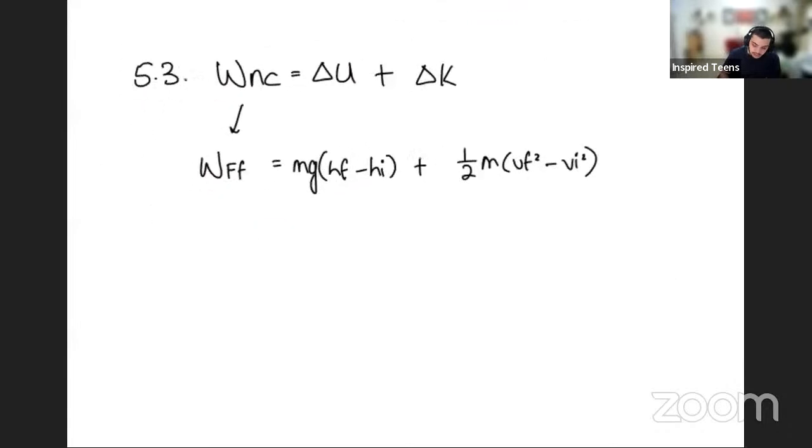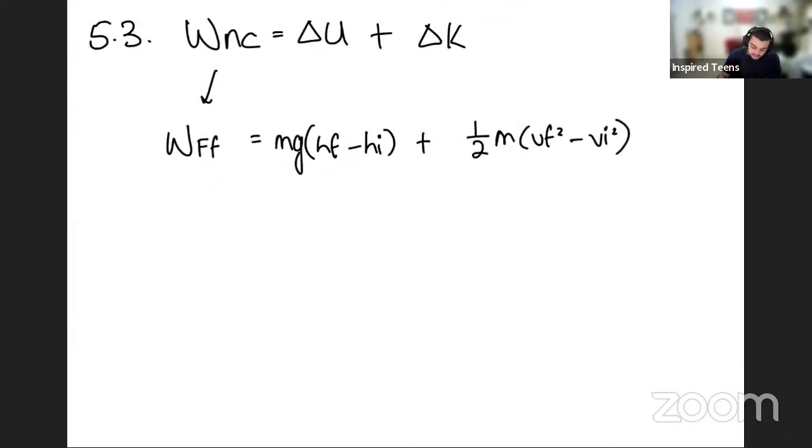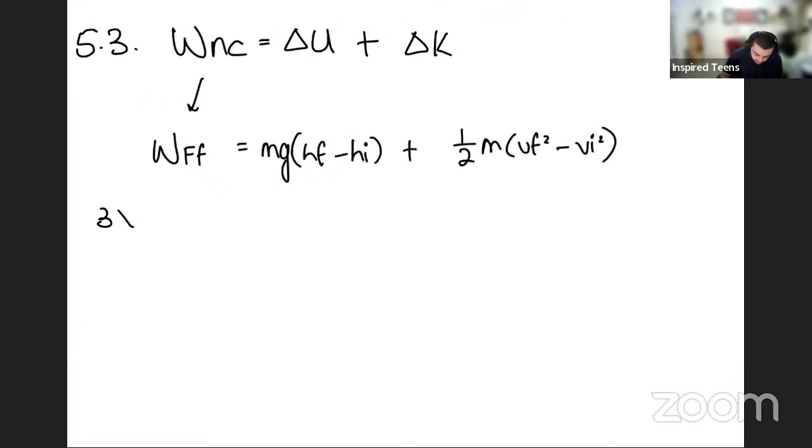So in this case, that 3.4 times 10 to the negative 3 is what we substitute here. However, negative, because remember, it's the work done by friction. It would have had cosine 180, which would have made it negative.